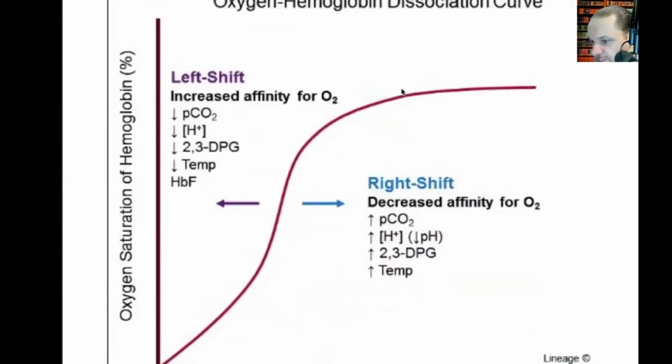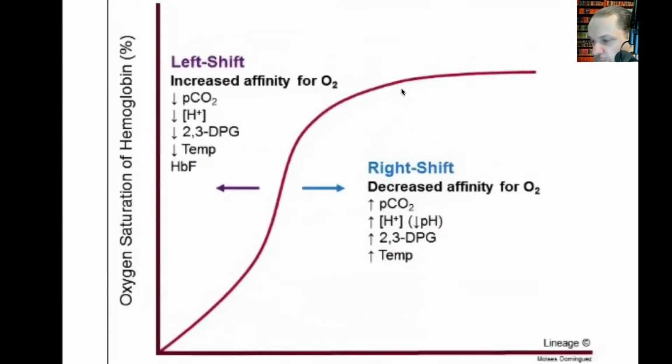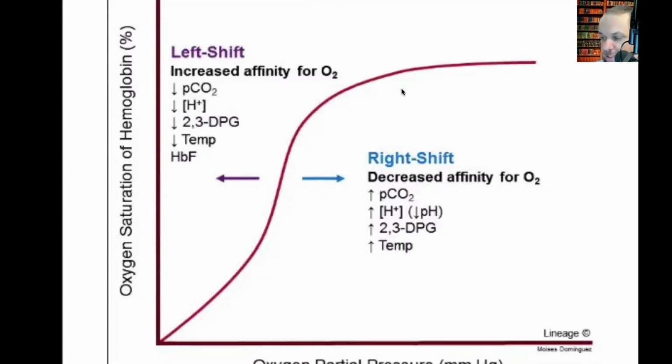Now, this is just a summary of all the shifts, what causes a left shift versus what causes a right shift. So a right shift will give up more oxygen, and the cause of it is high CO2, high hydrogen ion, or lower pH.